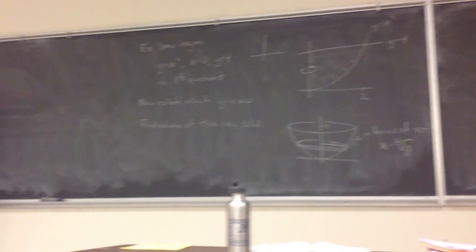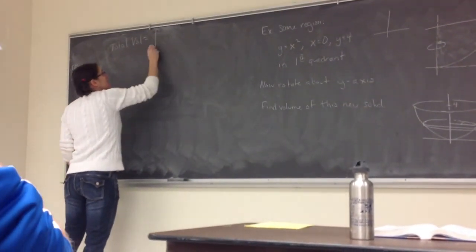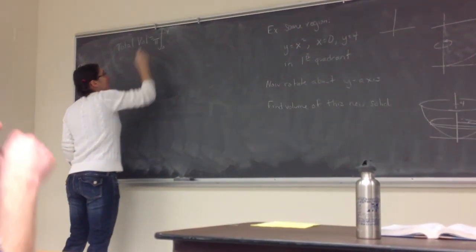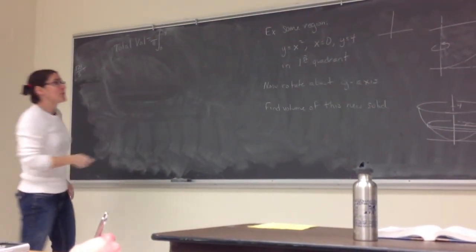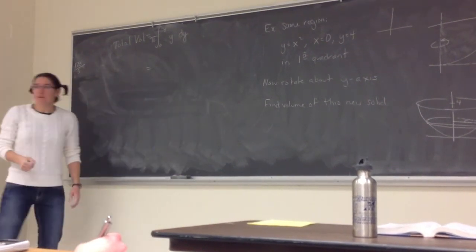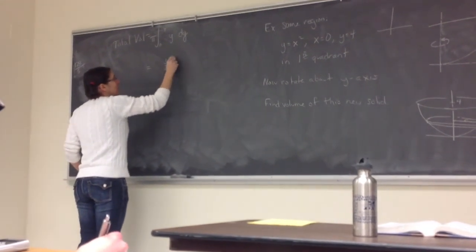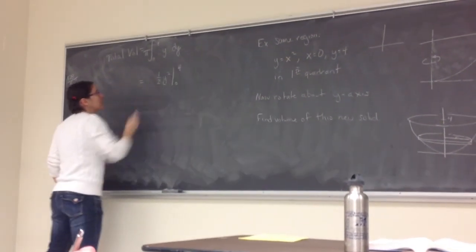Let's go ahead and solve this total volume. Our total volume is going to be the integral from 0 to 4. We can pull that pi out in front. Square the square root gives us y dy. Super easy integral to integrate. We get 1/2 y squared, evaluated between 0 and 4.